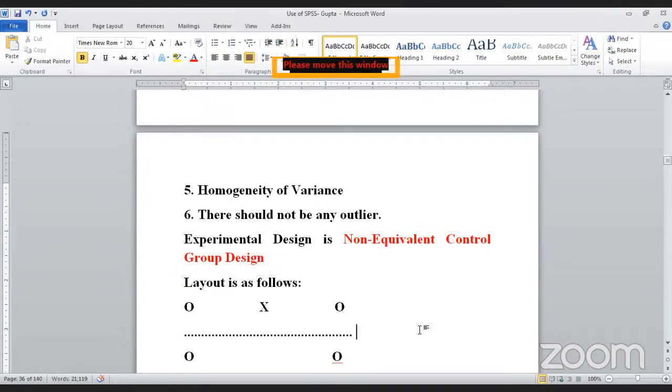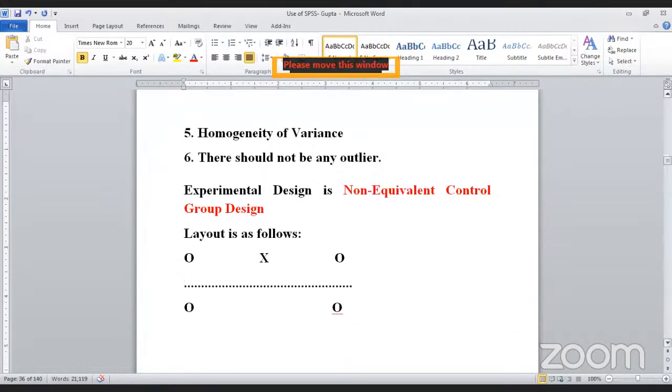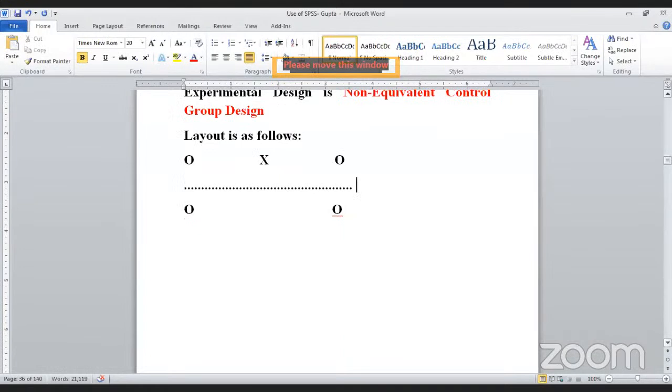I have the data with me of one of the experiments where we have a pre-test, then the treatment, and then a post-test. So we can control the pre-test by using the analysis of covariance technique. So if I can have the title something like this.